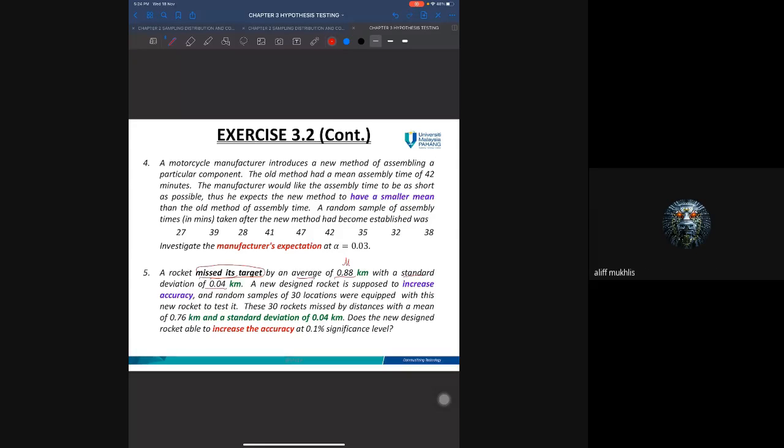Why did you say 0.88 is a mu, but 0.04 here is an S? Population standard deviation, it is sigma. So why here do you say mu and here S? Why do you think here is a mu?